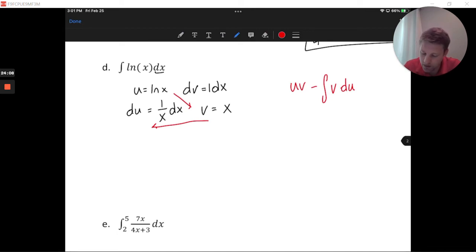We have the integral of the natural log of x times x itself. Sometimes we'll move that x in the opposite order, so that might be helpful. Just x times the natural log of x minus the integral of x times 1 over x dx, or v du.